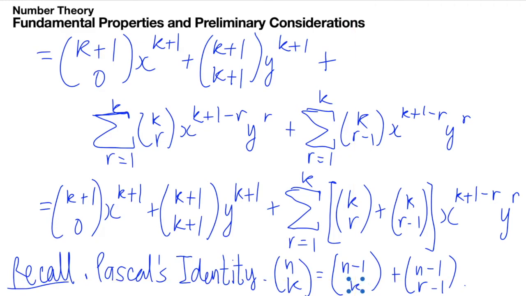This should be not r, this should be k, my bad, k minus 1. Same essence, wrong variable. We have r here and then r minus 1. So we can apply the Pascal's identity by making this a single term, which, since this is all our n minus 1 terms, becomes k plus 1 choose r.